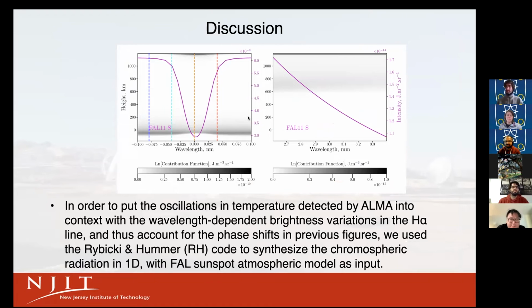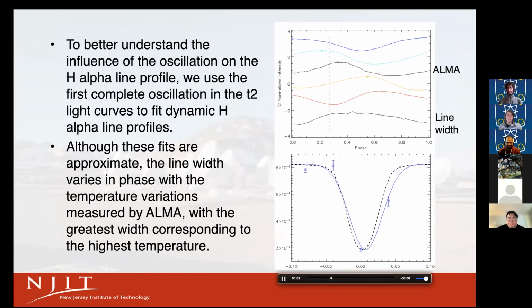So in that case, we want to study this oscillation by using the RH code simulation to synthesize the chromospheric radiation in one dimension with the FAL sunspot model as the input. The result can be found here. So let me show this movie.